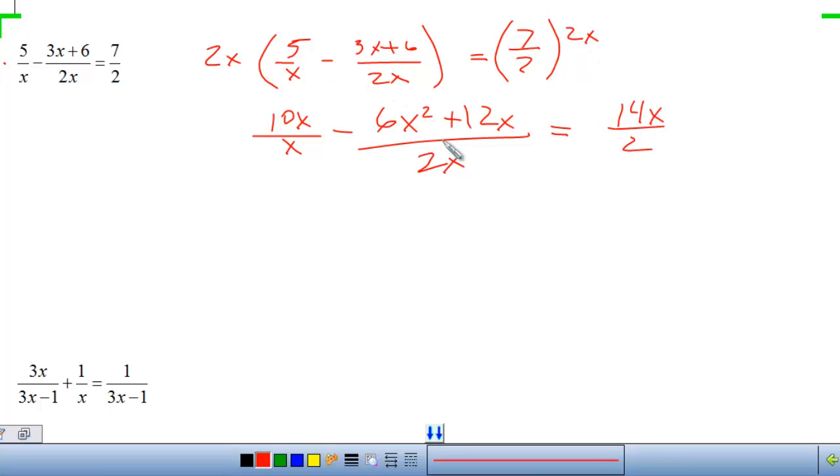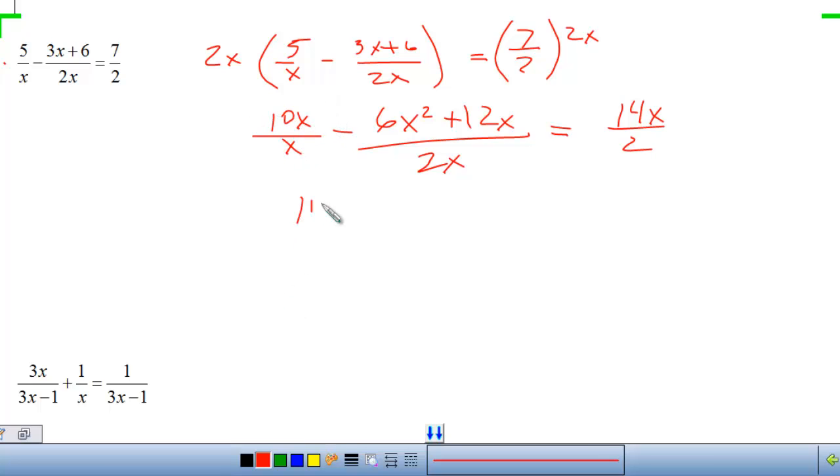Now, I did this just to show you what you can really do is you can cancel out one of these multipliers in each. So the x would cancel here, the 2 would cancel here, or the 2x rather would cancel here. But if you do it and work it all out and just multiply to the numerator, same process, it just adds another step. But we'll go ahead and reduce everything from here.